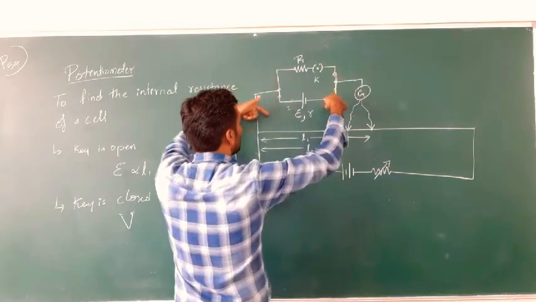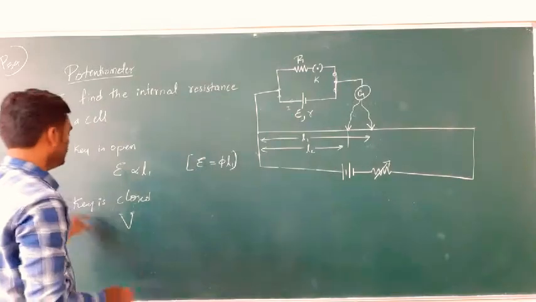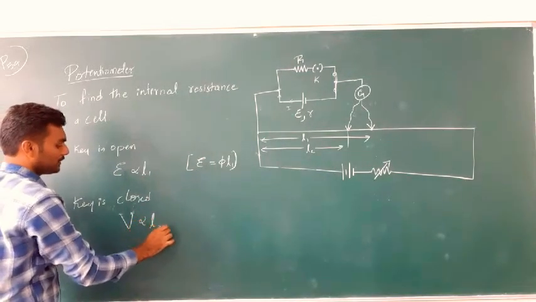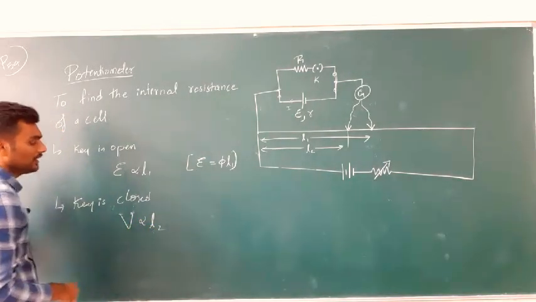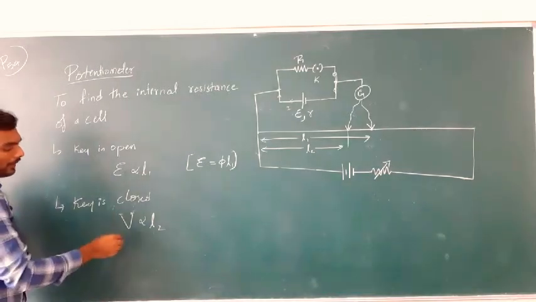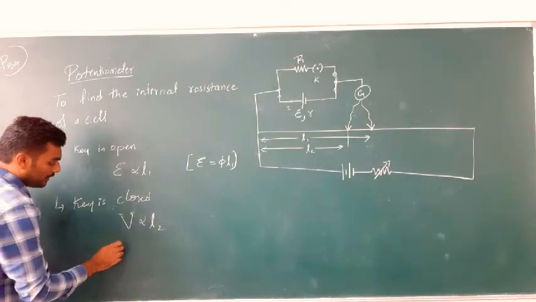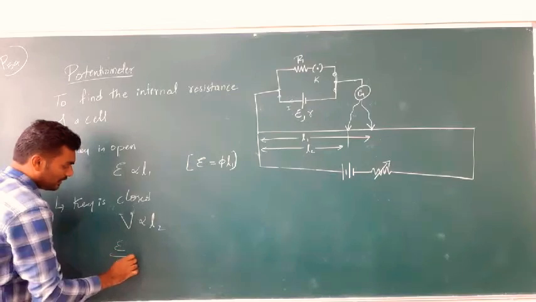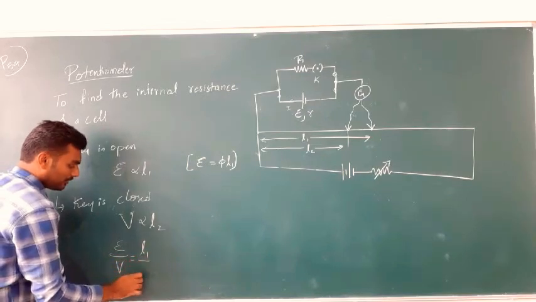So V is proportional to L2. Now I can write E by V is equal to L1 by L2.